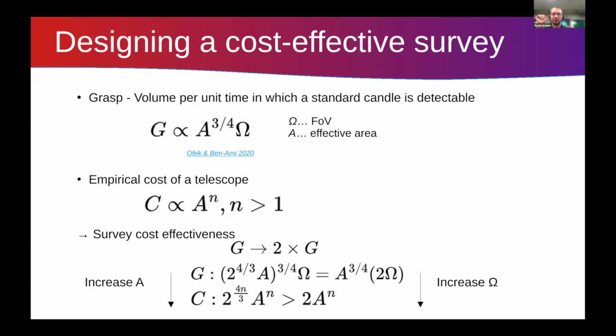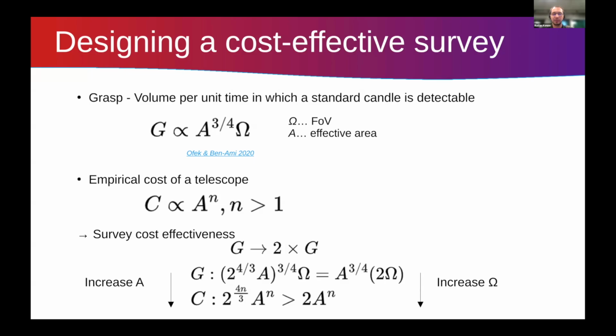One is the effective area, and the other is the field of view. You see here that the dependency on the field of view is linear, while on the effective area is to the power of less than 1. Empirically, we know that the cost of a telescope depends on the effective area to the power of more than 1. So there's an important clue here.